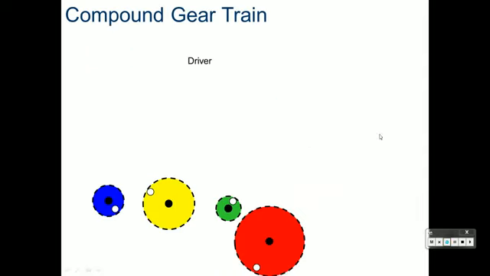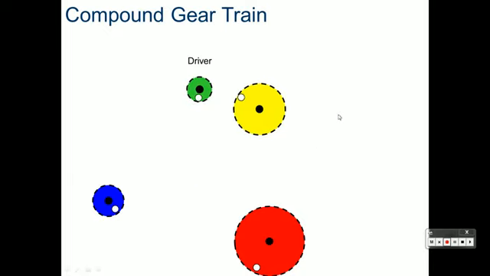We're almost finished with gears. If I look at a compound gear train, we have a driver gear. In this case, it's my green gear. That is meshed or mated with the yellow gear, and it's a little harder to see for you all, but the yellow gear is moving much slower than the green gear is, at far fewer RPMs.